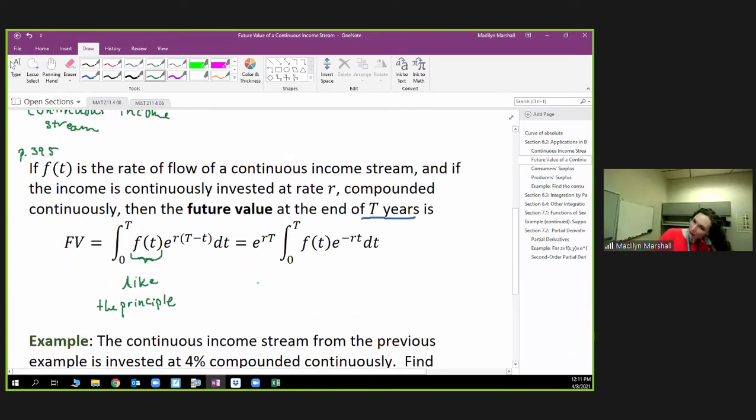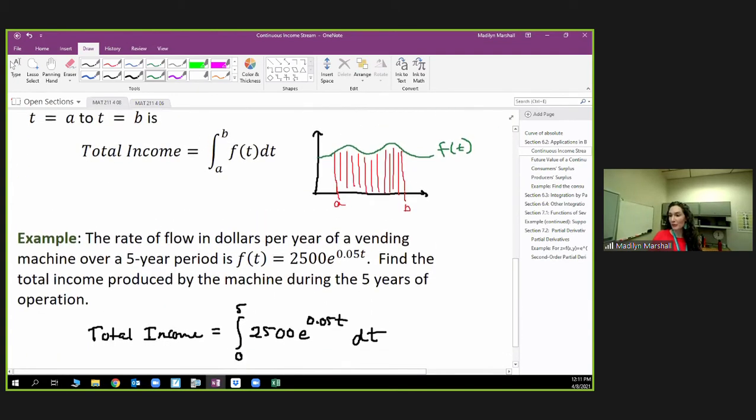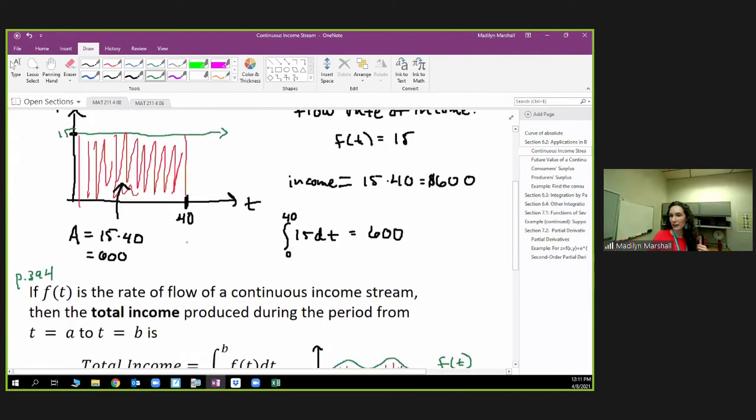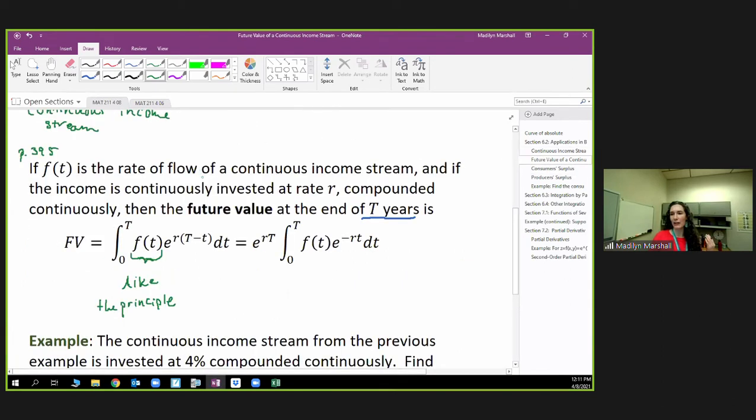Okay, so those are two of our formulas for this section. We have our continuous income stream to get just the income. And then related to that, we have the future value if we continuously invest that income as well.